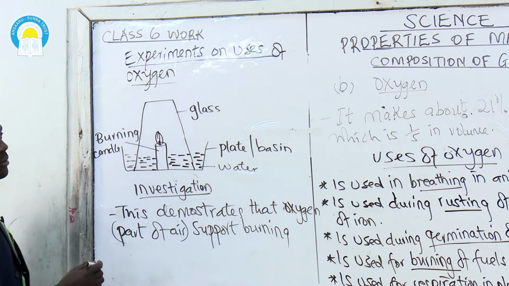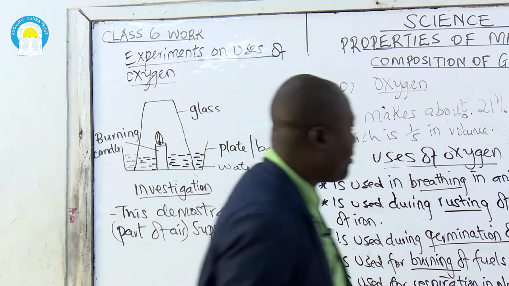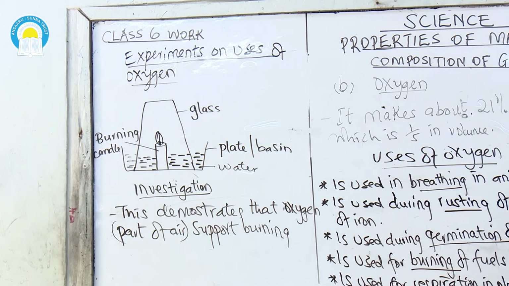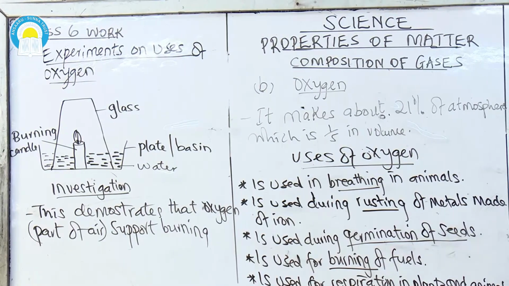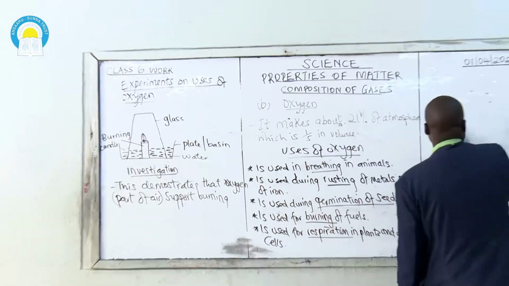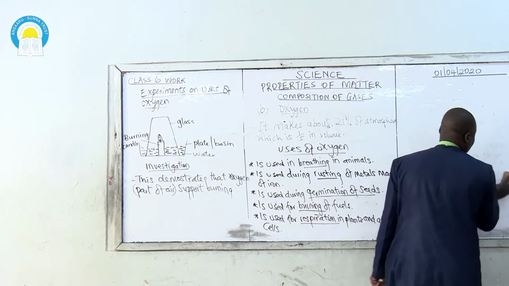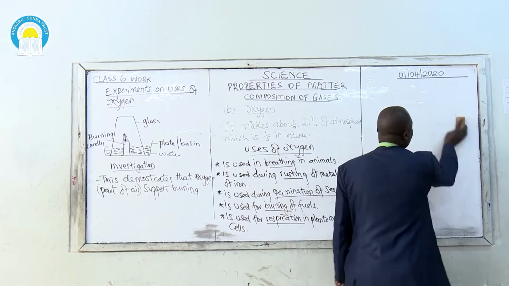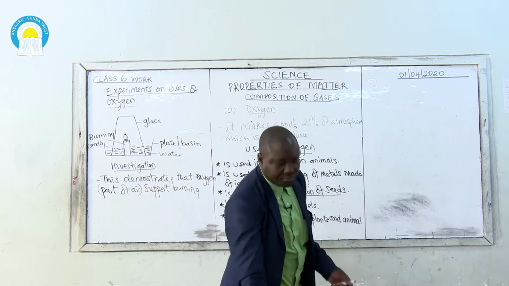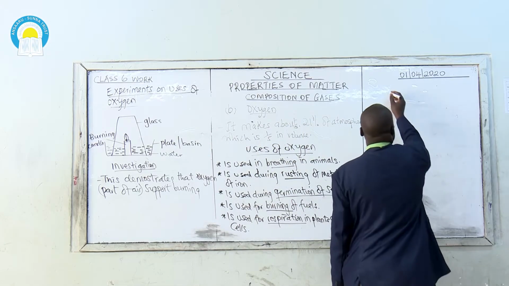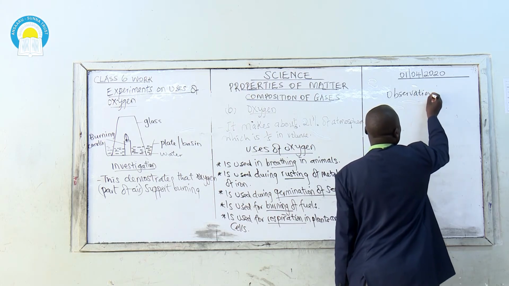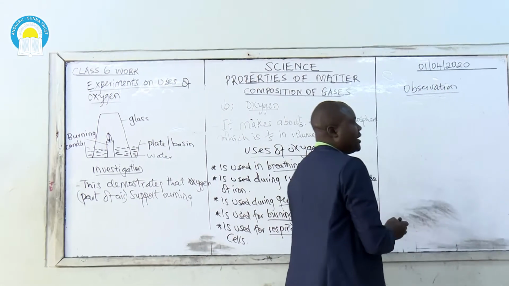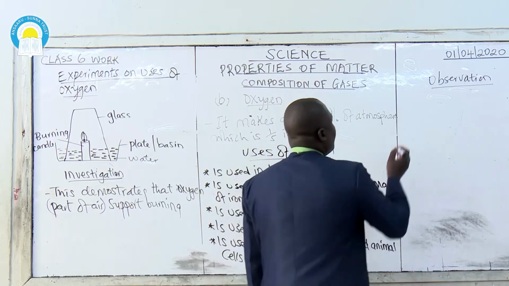Then observation is a very big part which I'm going to outline here. Observation about oxygen. Observation about the experiment on uses of oxygen.